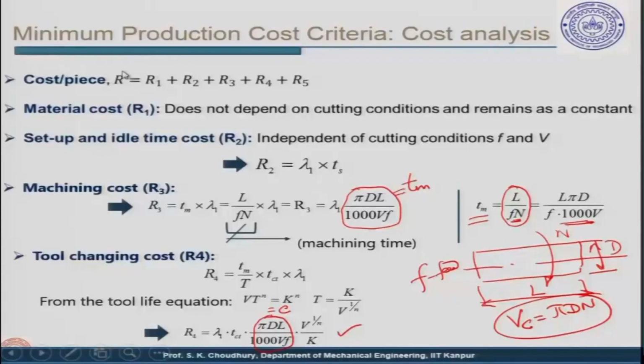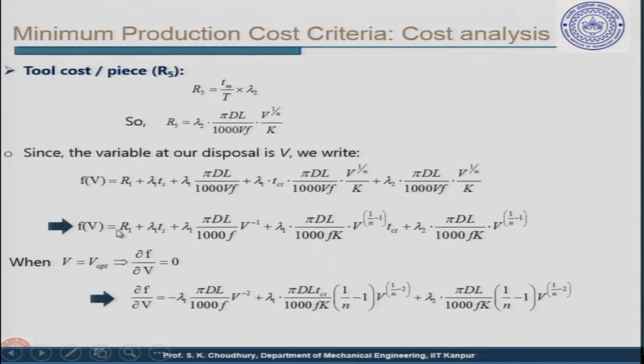So, here is the cost, and this equation is a function of the cutting velocity only. So, F of V, the cost as a function of velocity, is equal to the sum of all 5 of them, R1, R2, R3, R4 and R5.